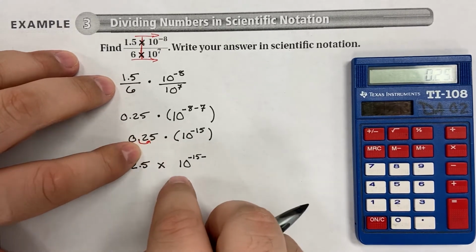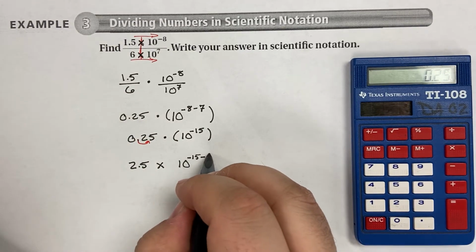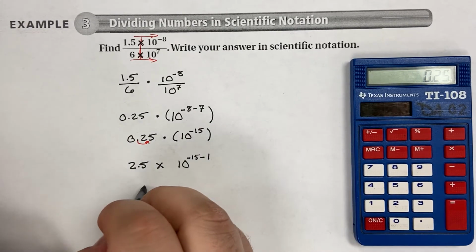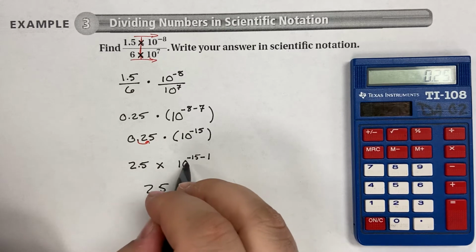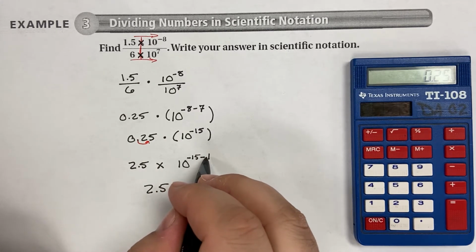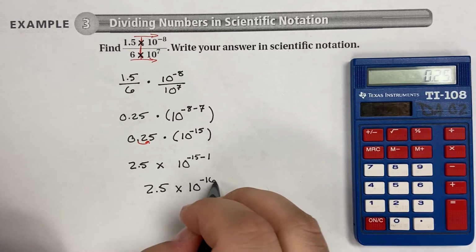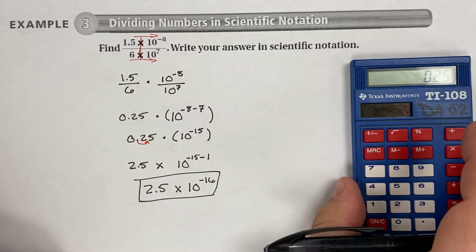There was a 25, we made it smaller by making it 2.5, and so we're going to subtract 1 because that was one movement, and we get 2.5 times 10 to the negative 15 minus 1, which is 10 to the negative 16. And here is our final answer.